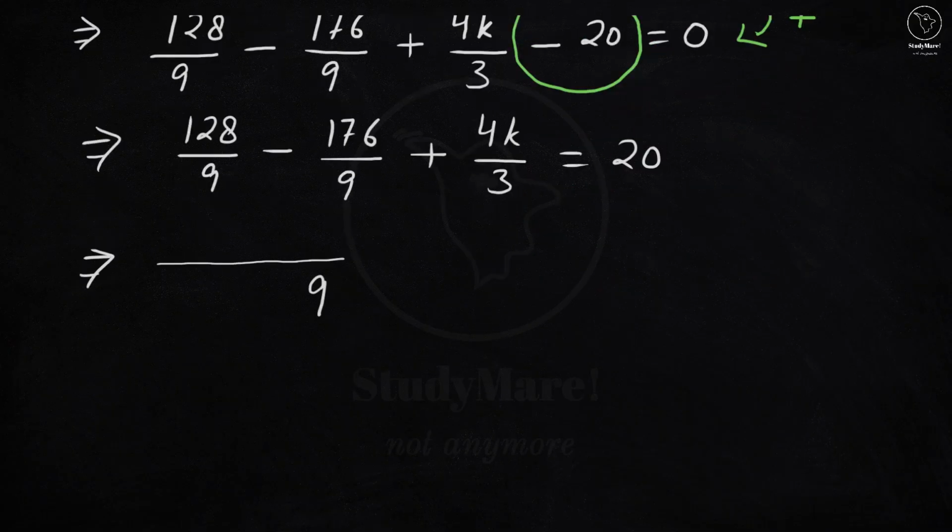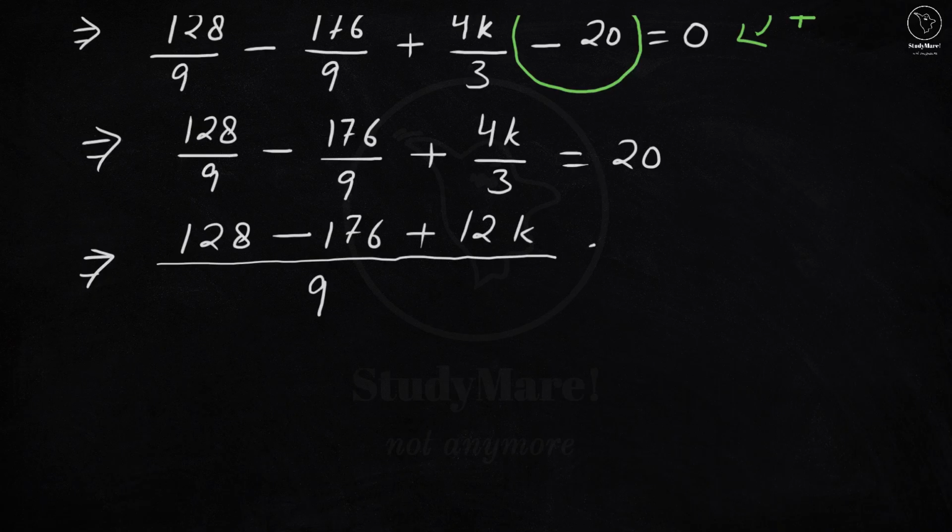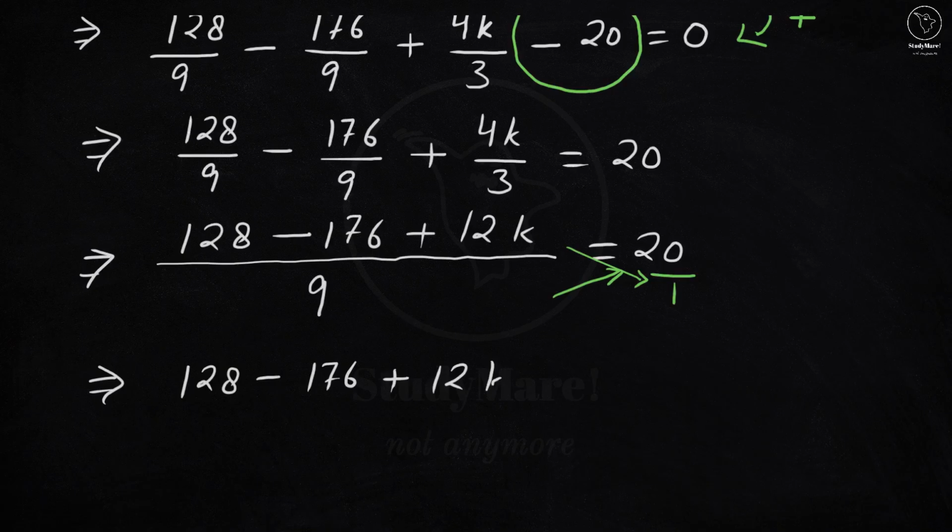Solving it further, we get 9 ones are 9, so 1 into 128 is 128, minus again 9 ones are 9, 1 into 176 is 176, plus 3 3s are 9, therefore 3 into 4k is 12k, which is equal to 20. Now in the next step we do the cross multiplication, thus getting 128 minus 176 plus 12k is equal to 20 into 9.